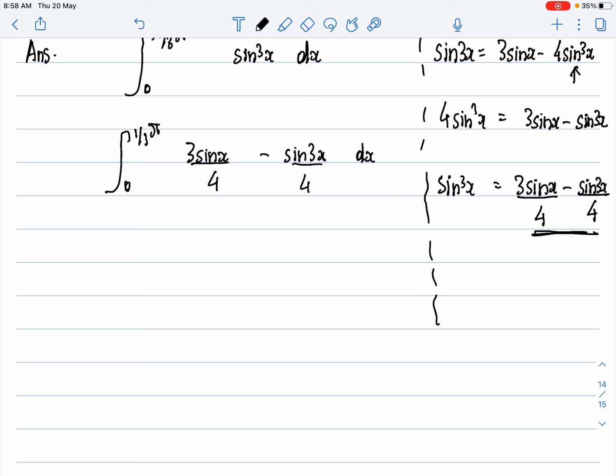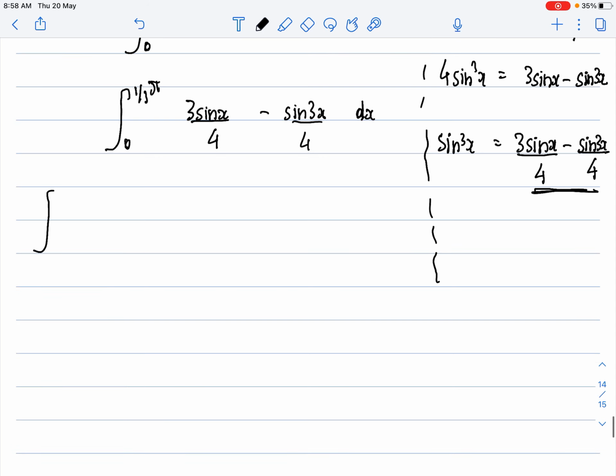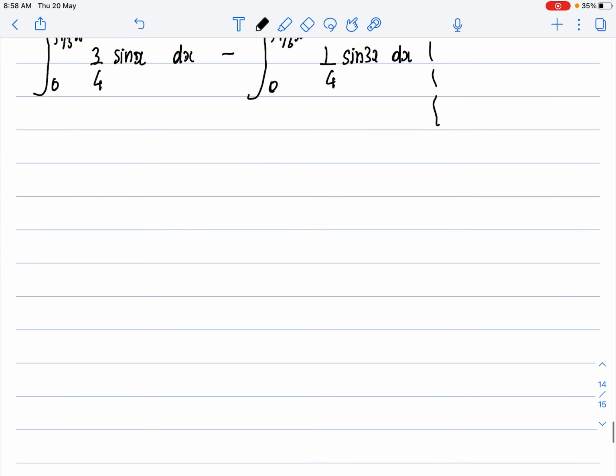Now I can write this as the integration from 0 to 1 over 3 pi of 3 by 4 sine x dx, I basically split it, minus the integration from 0 to 1 over 3 pi of 1 over 4 sine 3x dx. So I can split this into parts now.